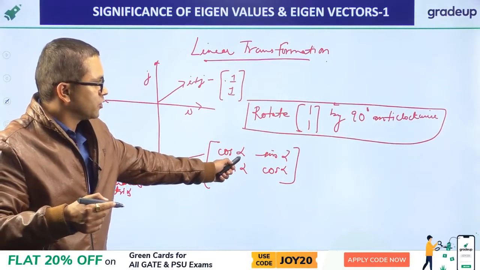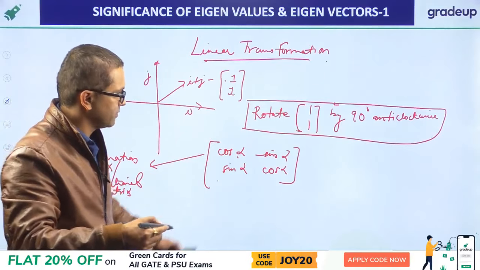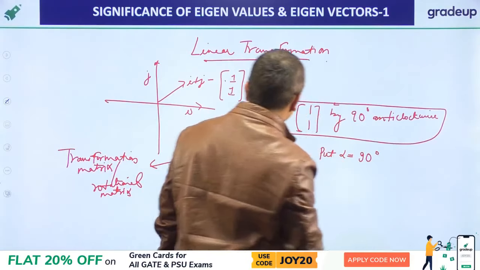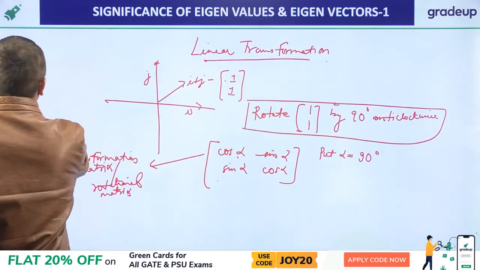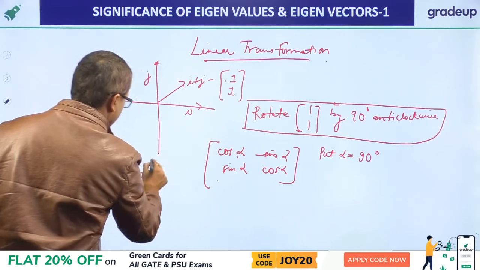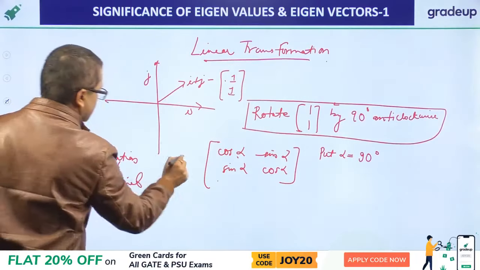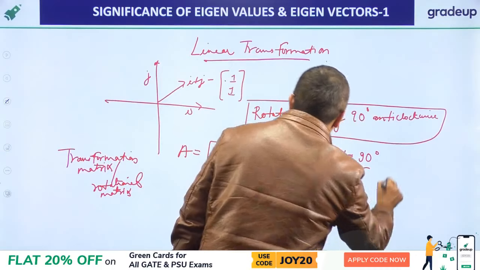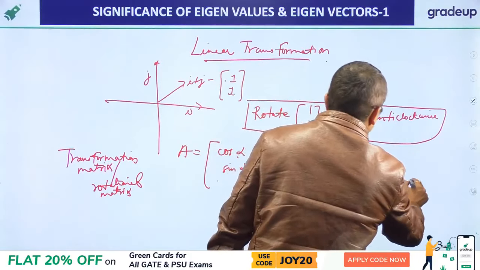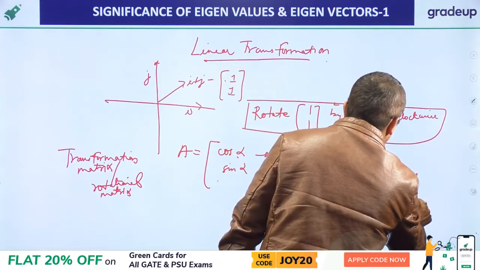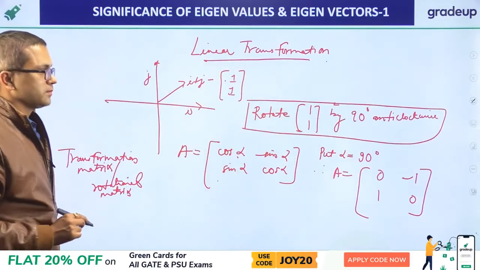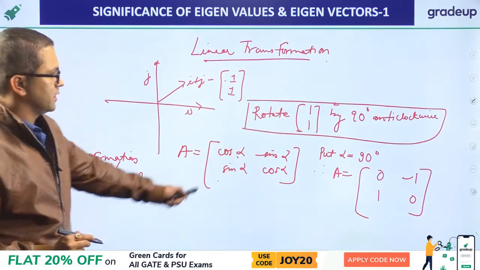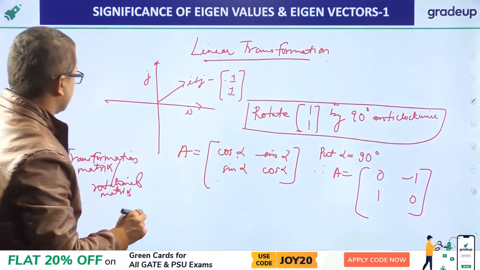So we put alpha equals 90 degrees in this matrix first, and let's call it A. So A equals, what do we get? Cos 90 is 0, minus 1, 1 and 0.